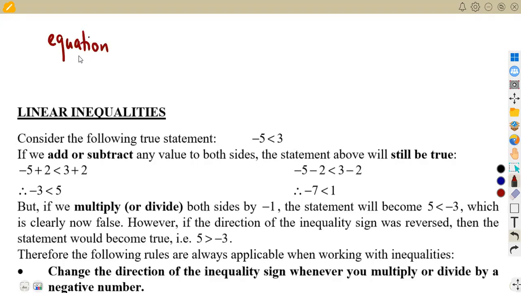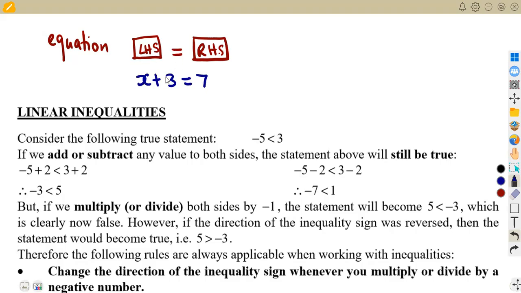An equation. When you are referring to an equation, you are referring to a condition whereby the left-hand side must be equal to the right-hand side, okay? What you have on the left is equal to what you have on the right. Like I can write, maybe, x plus 3 is equal to 7.